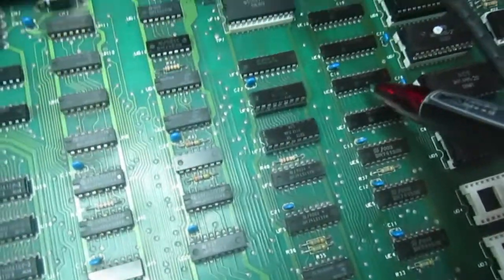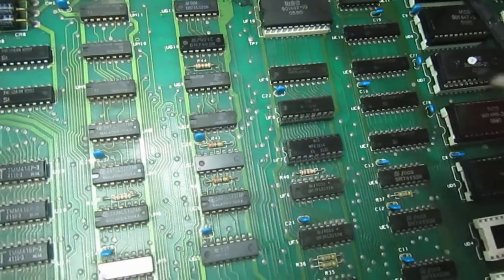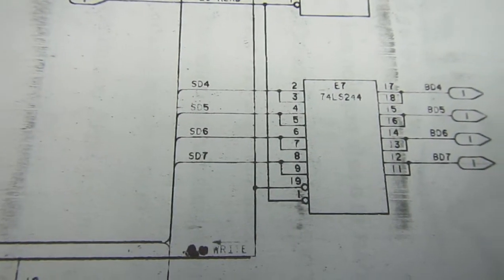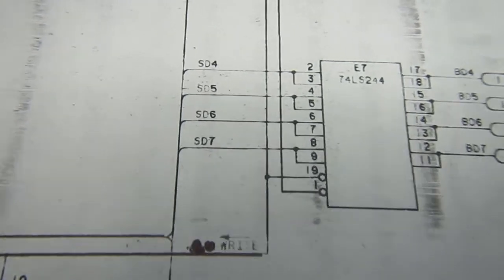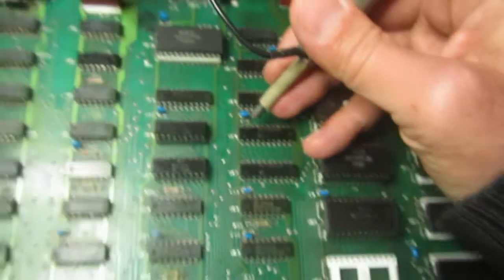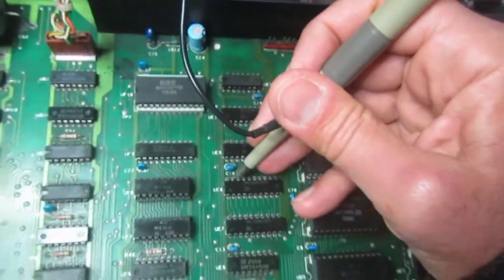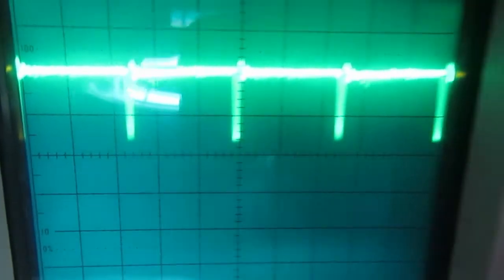So the problem is probably indeed a data bus conflict. Now the enable signal for the data buffers is on pin 19 on both of the data buffers. So let's see what the signal looks like on pin 19, and it's not very good.